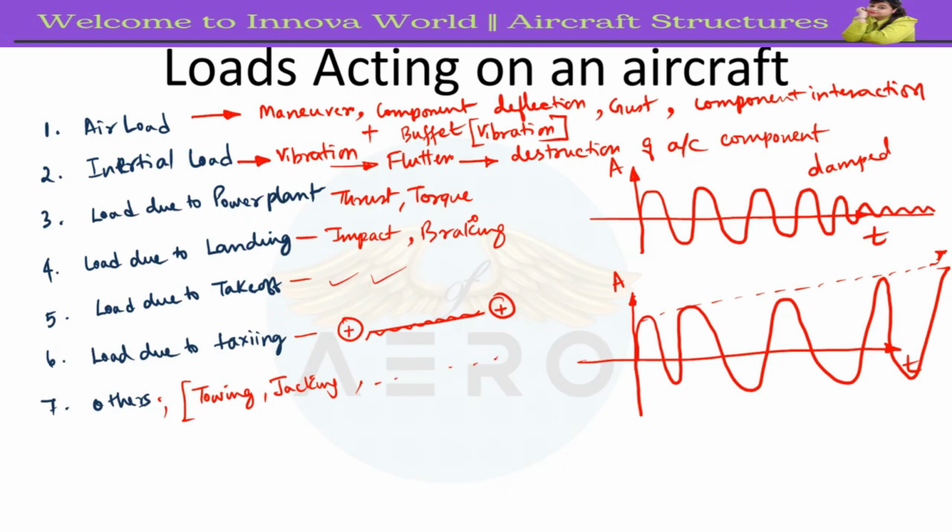Even if there is a bird strike or locust strike, or if anything falls during maintenance, such as instruments or tools falling over the aircraft surface, all those things come under the loads acting on an aircraft. It depends whether these loads act in a static condition, a dynamic condition, or any sort of testing condition. So these are the basic loads acting on an aircraft.